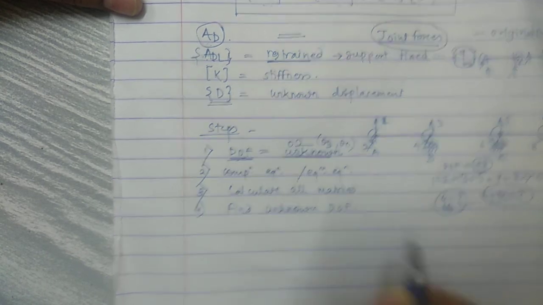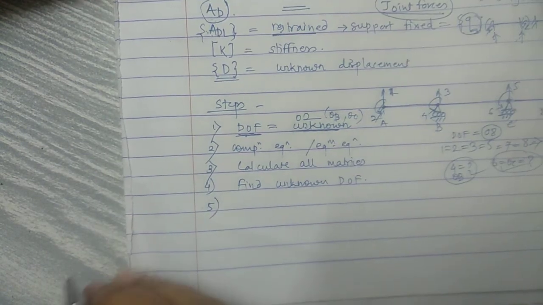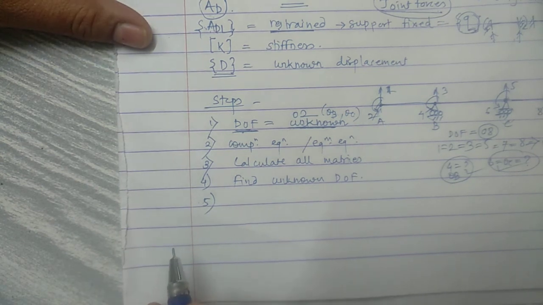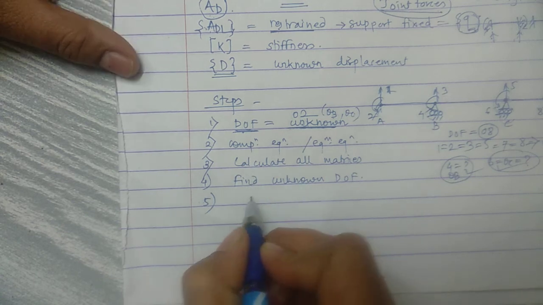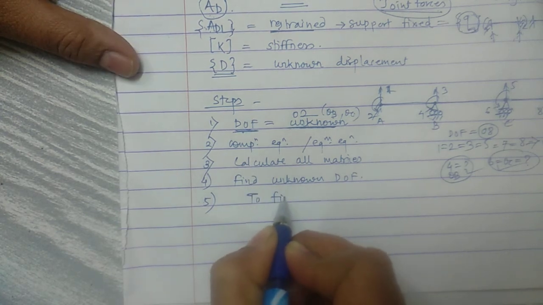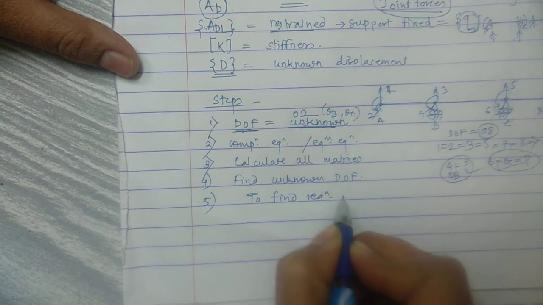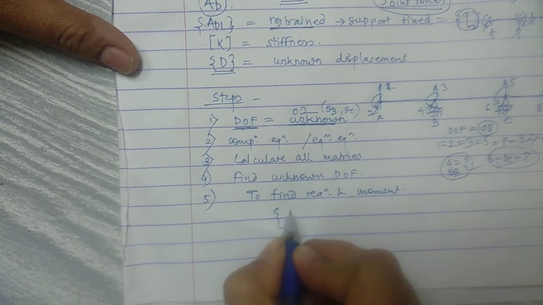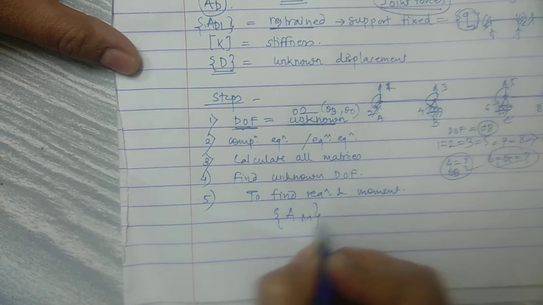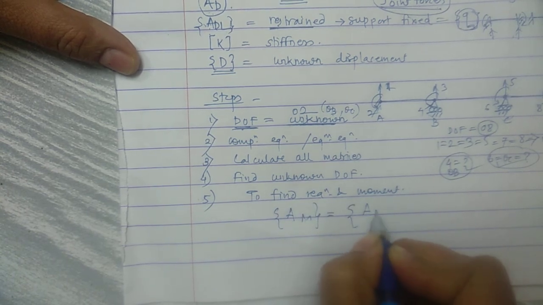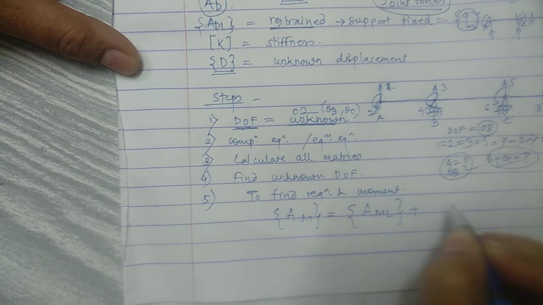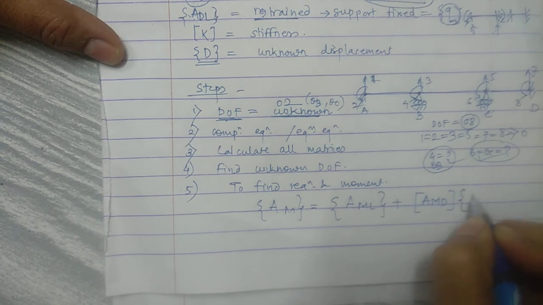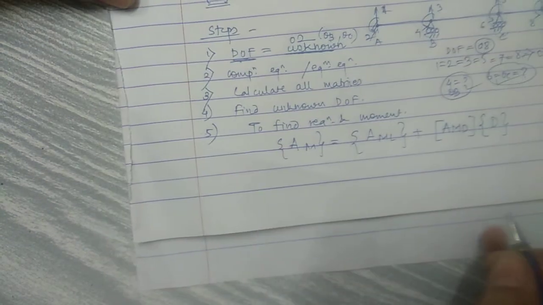degrees of freedom. Once you get the unknown degrees of freedom, finally you have to apply the equation to calculate reactions and moments. To find reactions and moments, use this equation: AM equals AML plus AMD into D matrix.